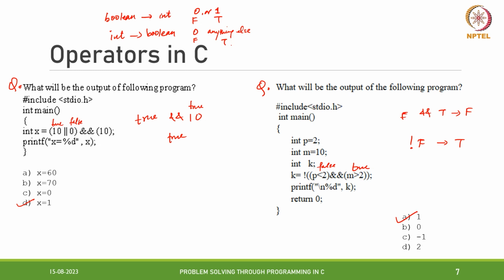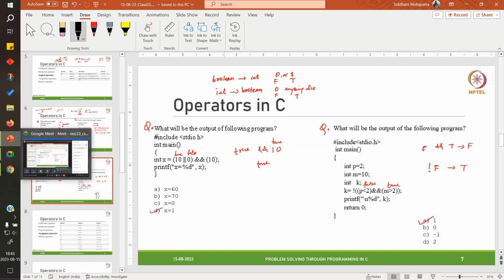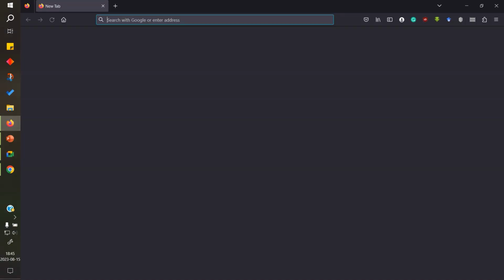Sir, when will you discuss the assignment? Assignment I will not discuss as such, because you are going to get the answer key for each of them. If you have any particular doubts after the assignment, I can help you probably conceptually, but I cannot answer it directly.